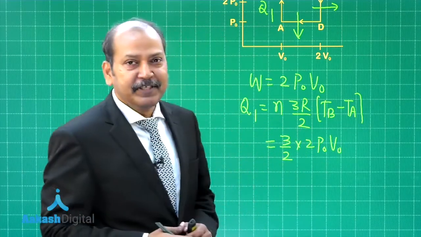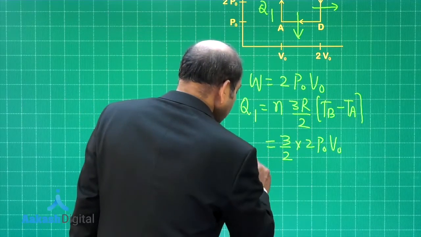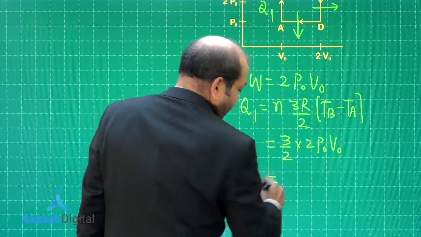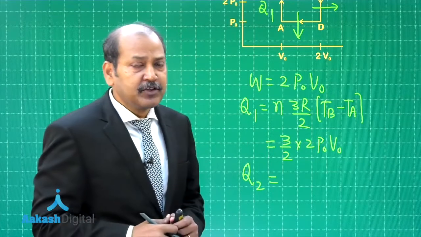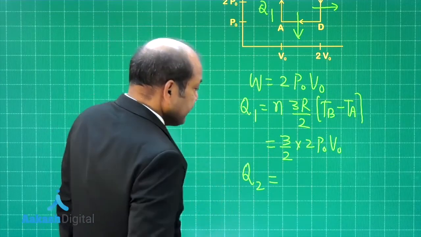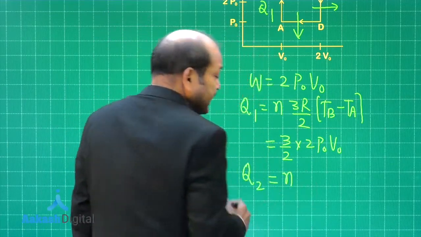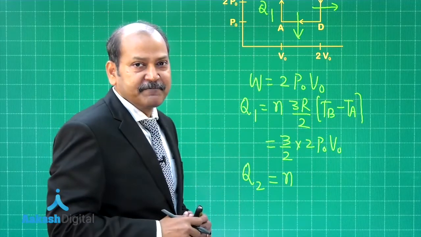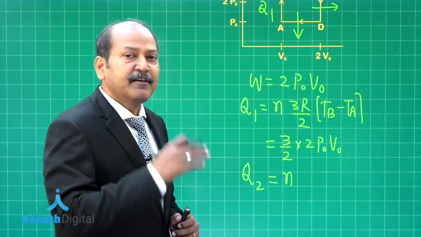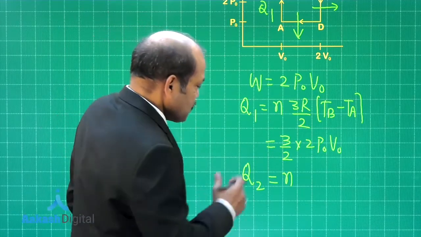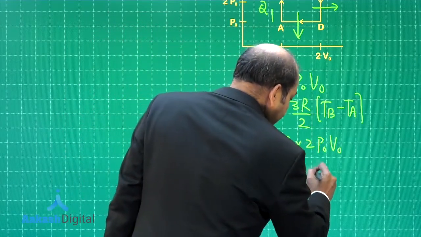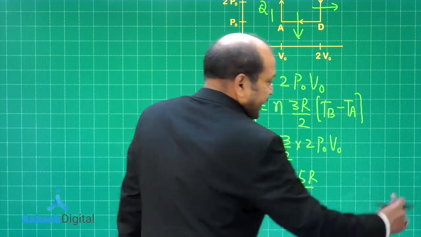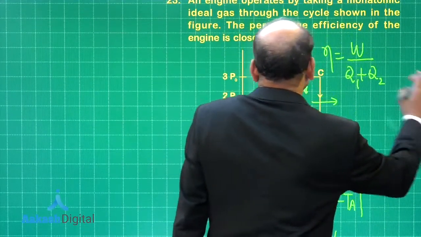Let's also evaluate the value of Q2. Because the process is isobaric expansion, Q2 will be given as n multiplied by C for the process, and C for this process is Cp, which is 5R by 2. So n into 5R divided by 2, and the temperature goes from Tb to Tc.